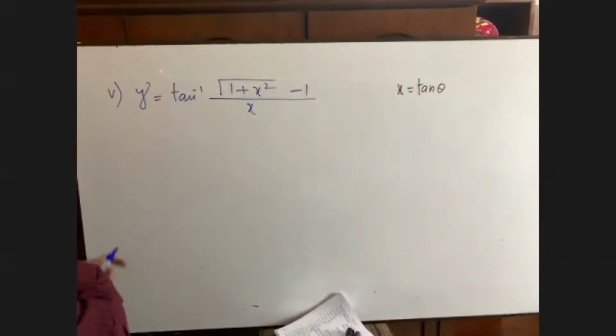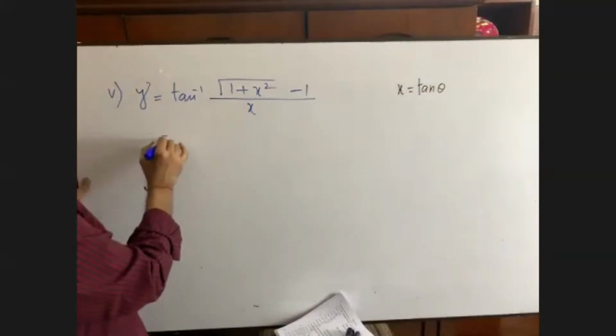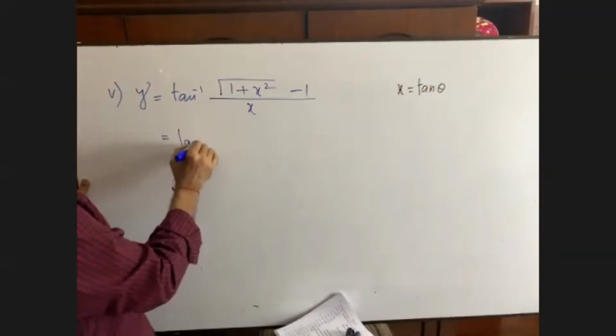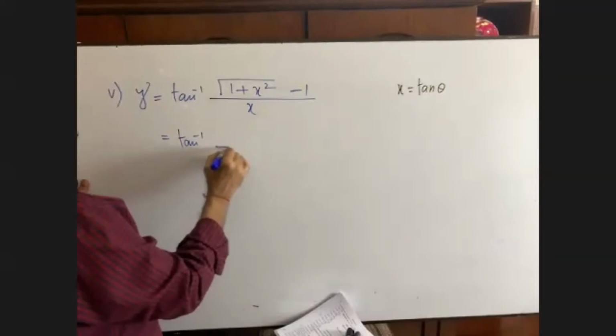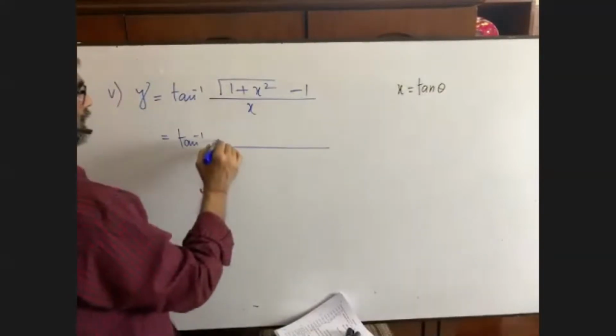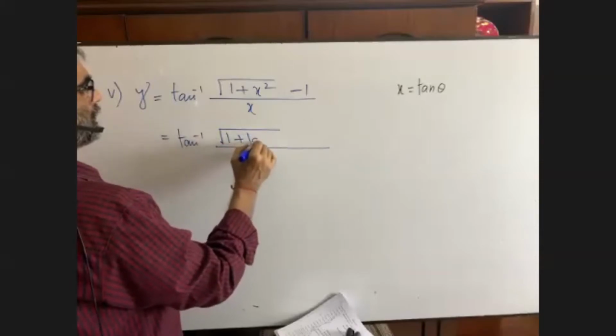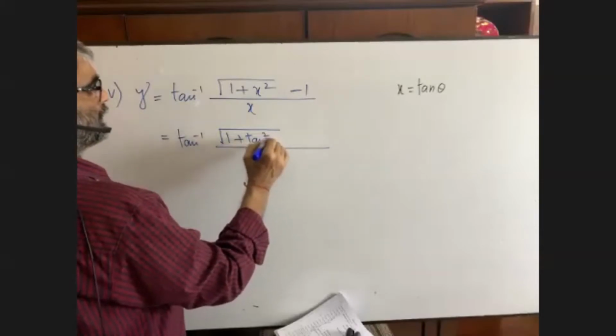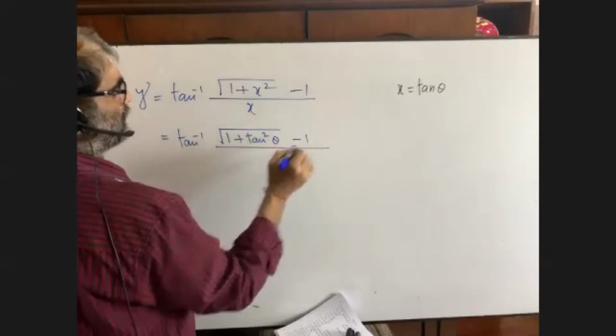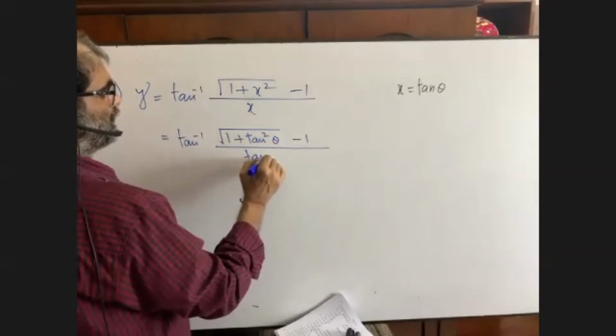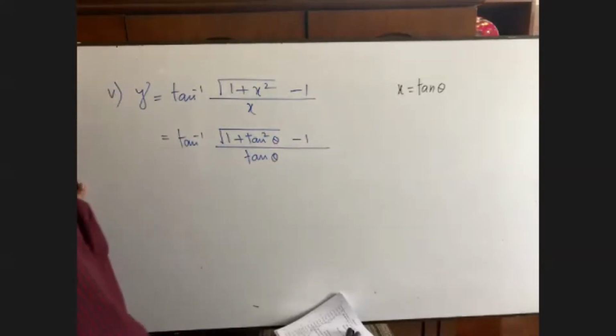Okay, so carry on. We are getting here tan inverse 1 plus tan square theta minus 1 by tan theta. Is it or not? Yes, sir.